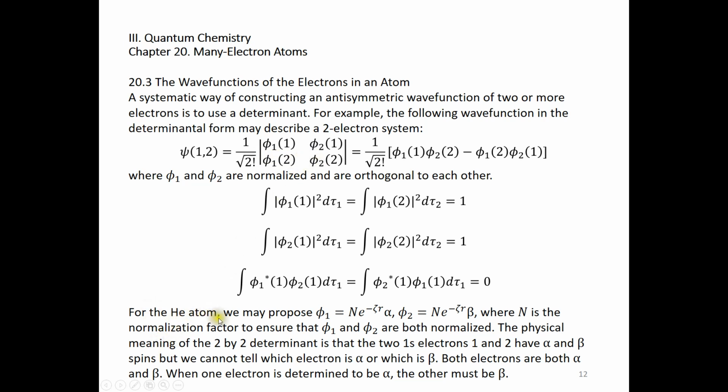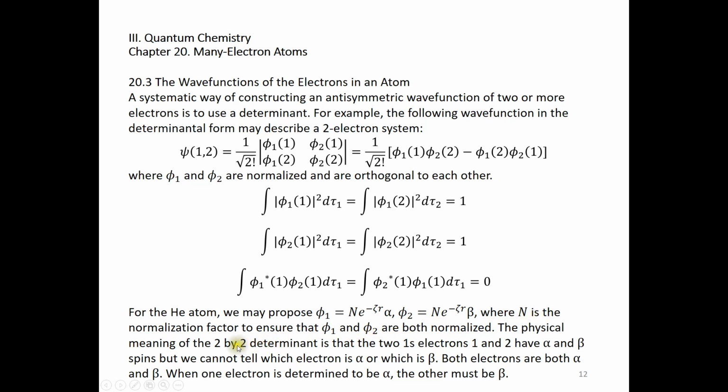For the helium atom, we may propose phi 1 to be the normalization factor N times an exponential function e to the power of negative zeta r times alpha. Phi 2 is the same as phi 1, except the spin is beta. Again, this uppercase N is to normalize phi 1 and phi 2.